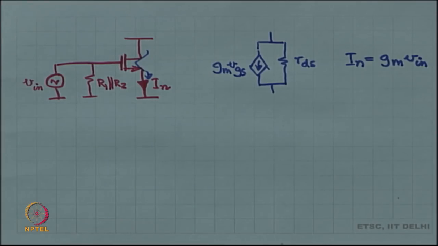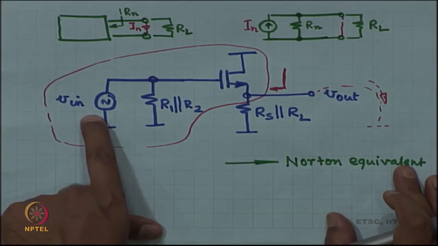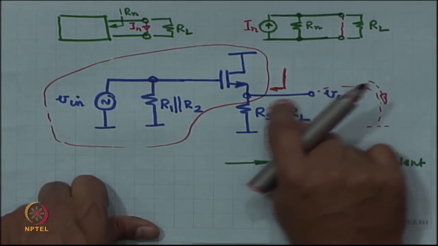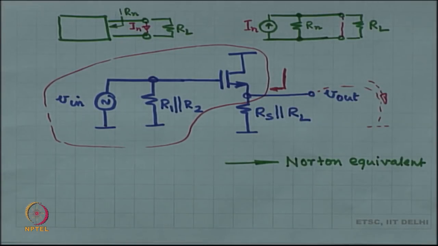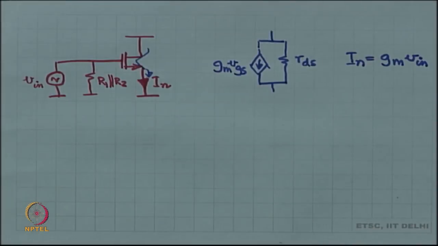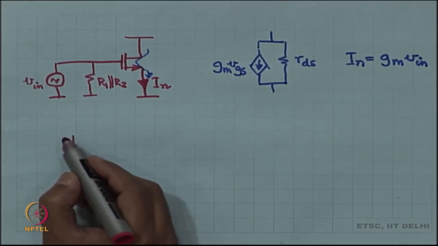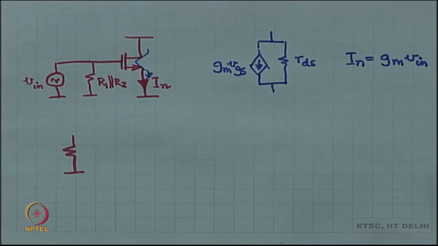So, one job is already done. Now, the next job, what do we have to do? We have to null the voltage source, look in from outside and see how much resistance we have. So, when I say null the voltage source, it means make the voltage source equal to 0 volts.